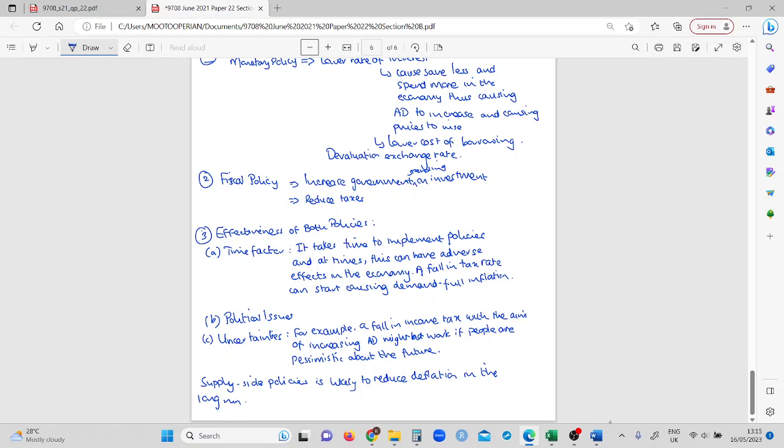We often talk of supply side structural reforms in order to improve the efficiency of the economy, increase productivity, which help to raise prices.